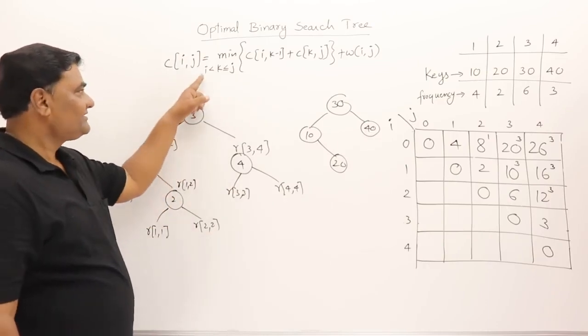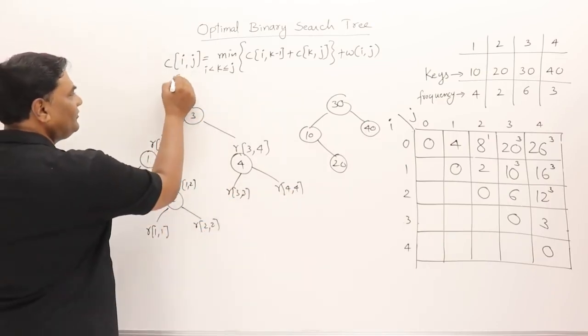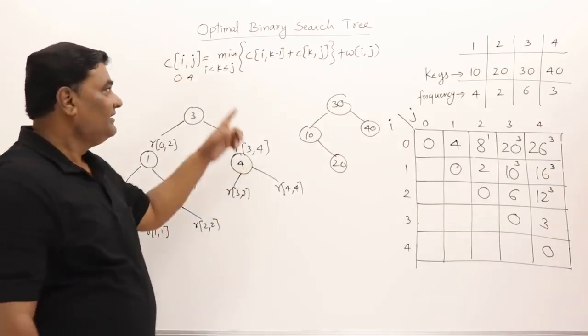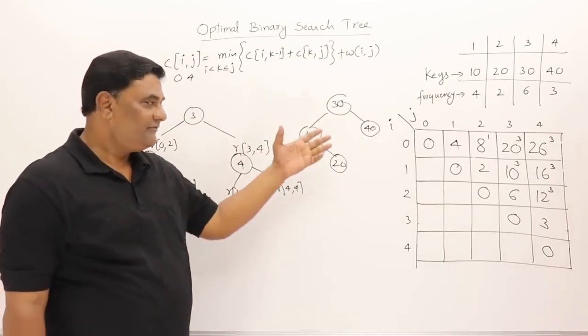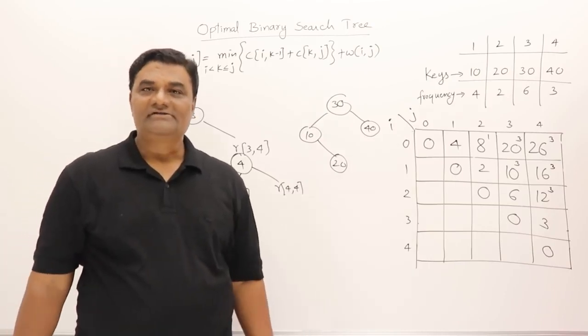So the root does not start from i. If this is 0 comma 4, we start from 1 onwards, ignoring 0. That is the meaning. So this is the formula for the optimal binary search tree, and the same formula I was using for filling the table. So that's all about the optimal binary search tree problem.